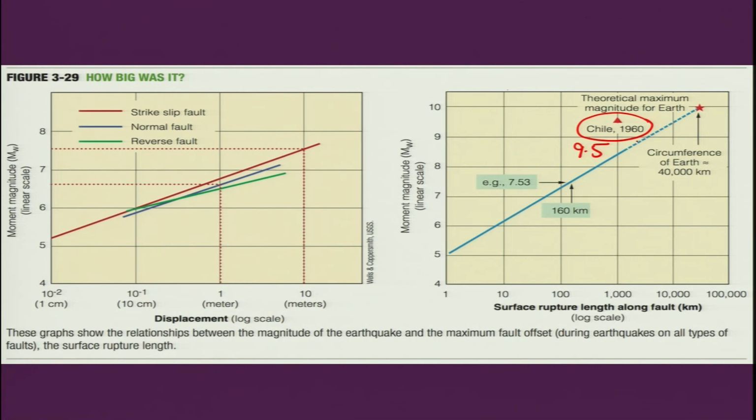Now if you extrapolate this line and say that you will have a magnitude of 10, which is till date not recorded at all, but if this occurs, then the whole circumference of the earth will be covered. So the rupture length will be almost 40,000 kilometers.